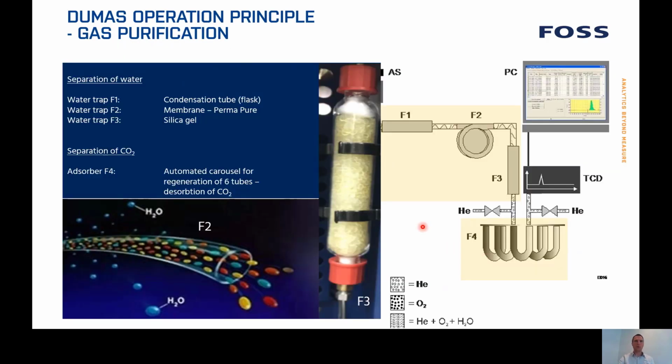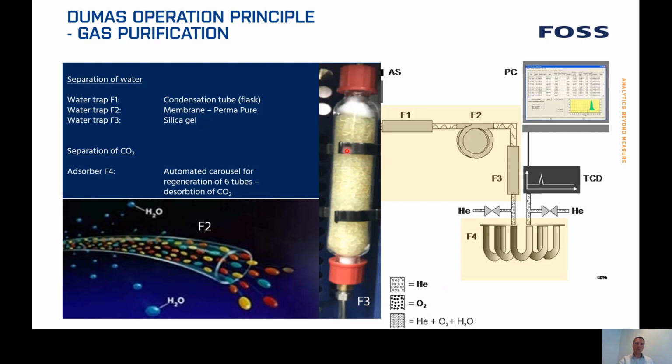And a little bit more of the operation procedure and how the gas is purified. F1 is a condenser. The F2 is a permeabilizer, and it will last 2 years. It will go from white to black color when it's used. And this one is a silica gel that removes the remaining of the water. And actually, this is the F3.